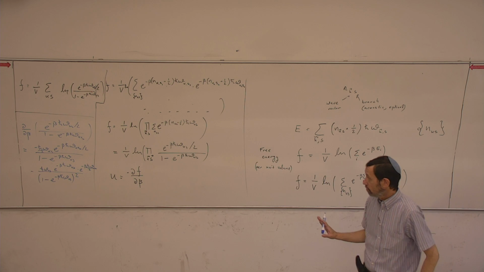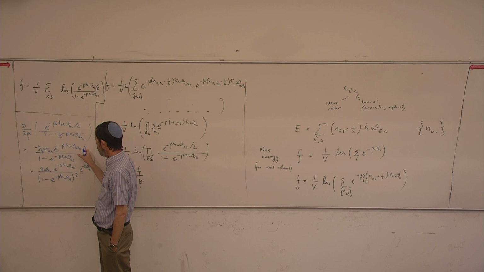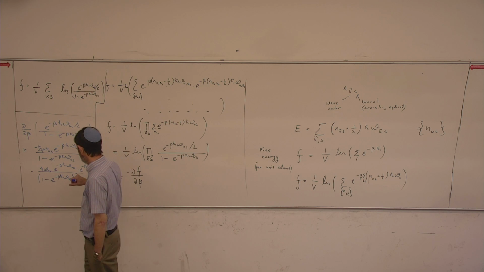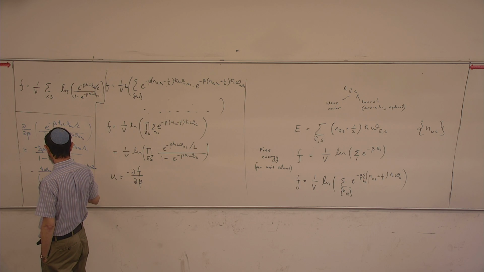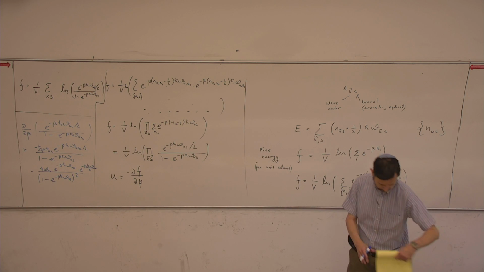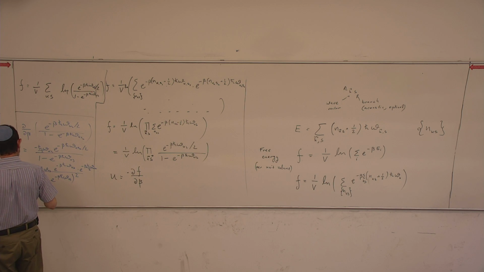We multiply it by E to the H bar omega Ks divided by 2 plus and by 1 minus E to the H bar omega Ks, and we get the solution. Another minus here.